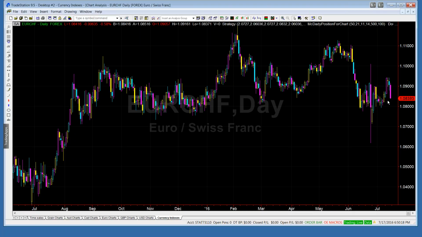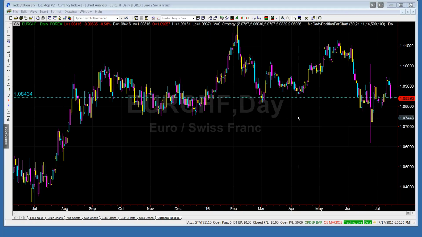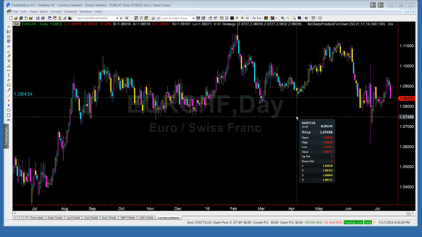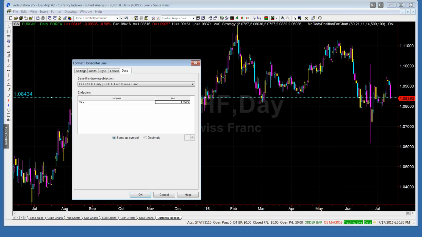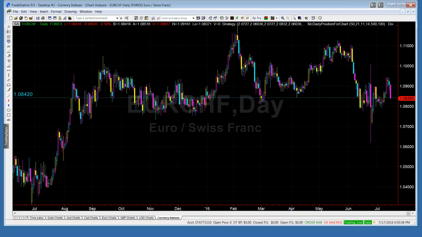Maybe now the Swiss National Bank is going to intervene, and once they intervene, this should actually turn around. So we can buy the Euro Swiss above the 108.42. I mean, we have a close entry. If they sneeze in the Swiss National Bank, there will be a lot of short covering coming in.